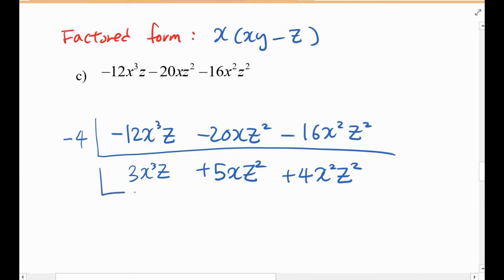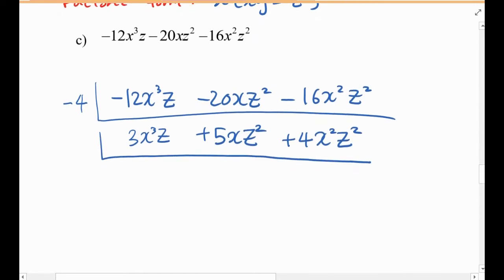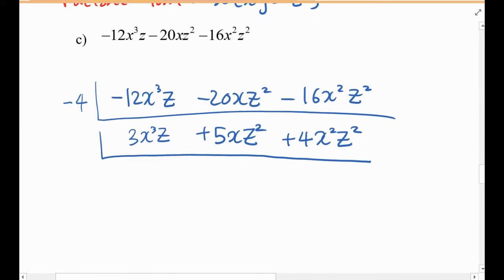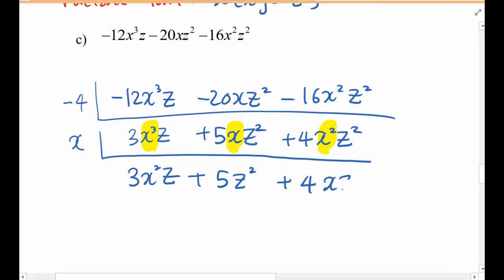After that, we're going to divide each term by x. Because we have 3x, 1x, 2x. So we're going to divide each term by x. And 3x becomes 2x. 1x becomes none. Like that. And z, 2z.